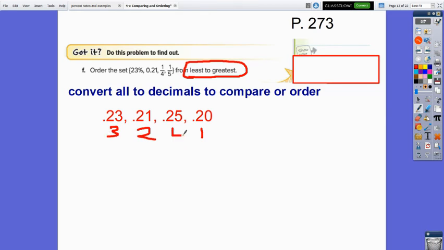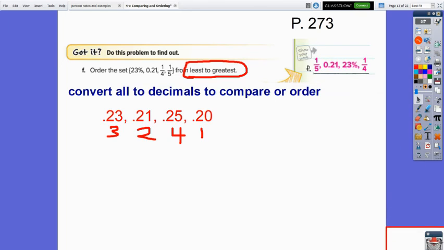And then this one. And so finally, you rewrite these in the original order. So 1/5 is the smallest, then 0.21, then 23%, and then 1/4. So that's your answer: 1/5, 0.21, 23%, 1/4. And again, writing the numbers in the original format.